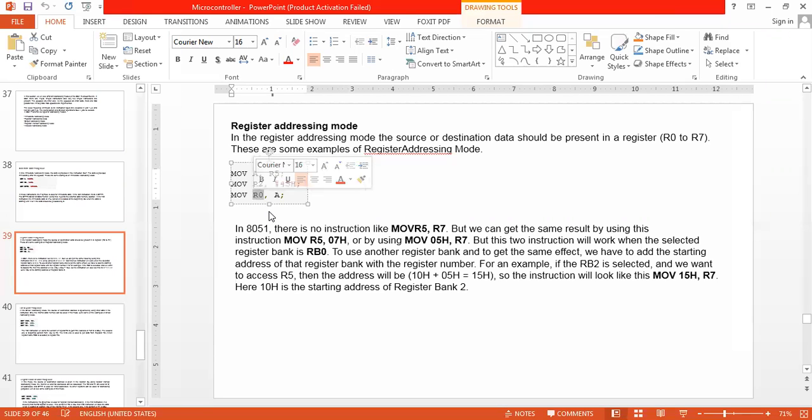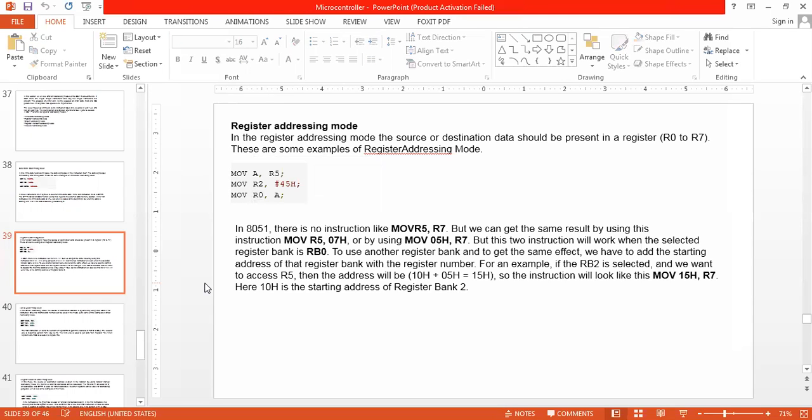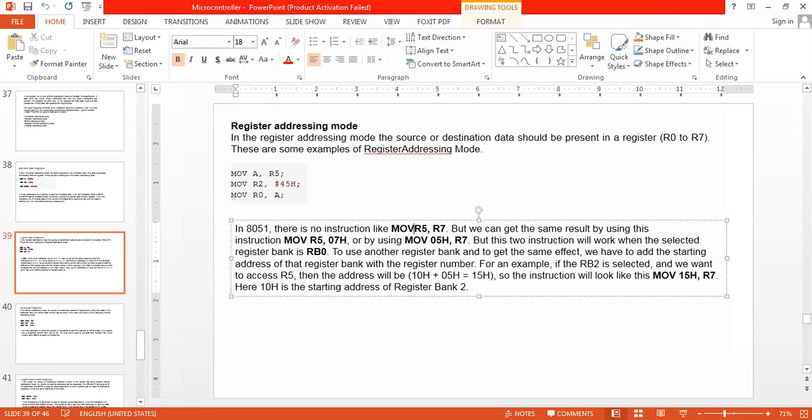It can be A, it can be B, it can be SP or other things, but source and destination cannot both be from the set R0 to R7. So here is the rule: there is no instruction like R5 comma R7 or R0 comma R1, R1 comma R2. We cannot write the instruction in that way.